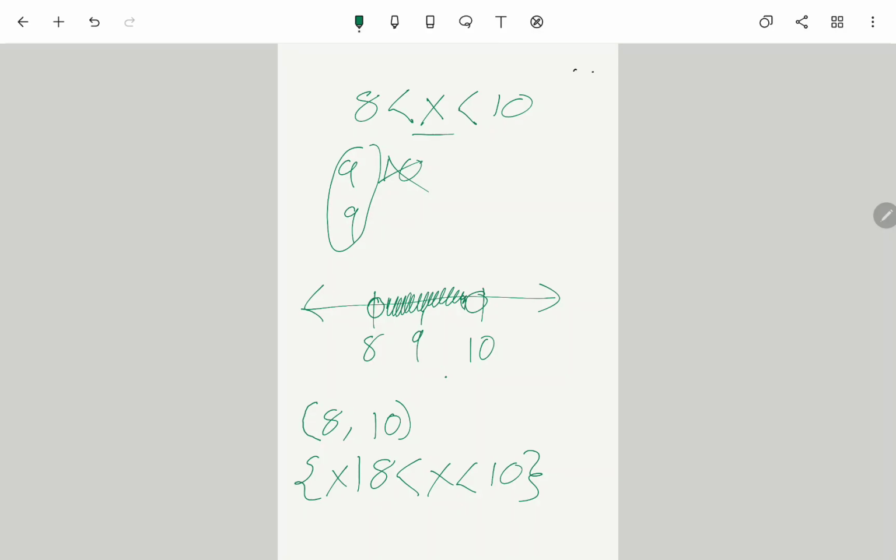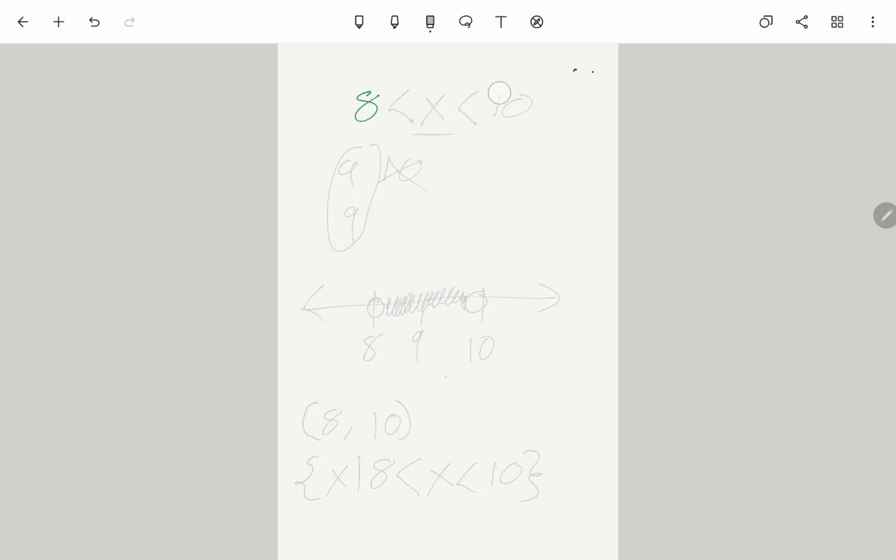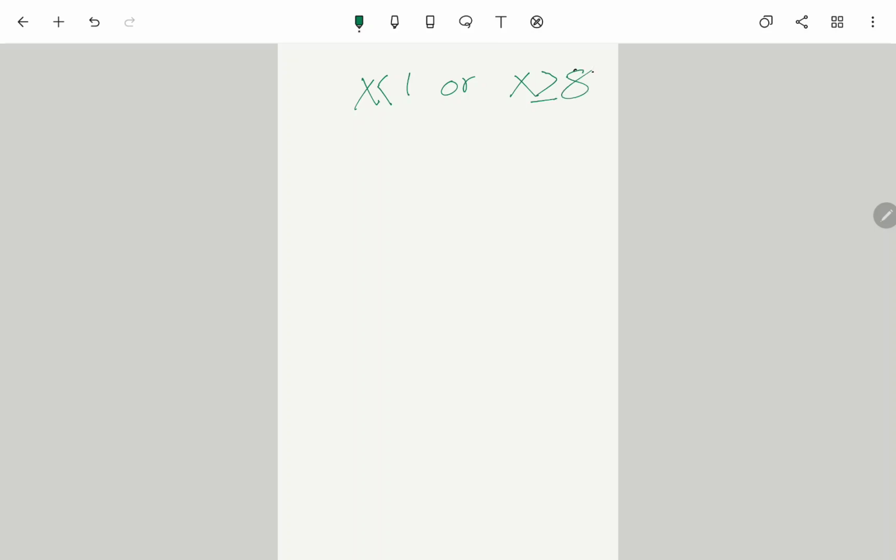Okay, now we're talking about the last example. x less than 1 or x greater than or equal to 8. Okay, line graphing. I can put 1 here and 8 here.